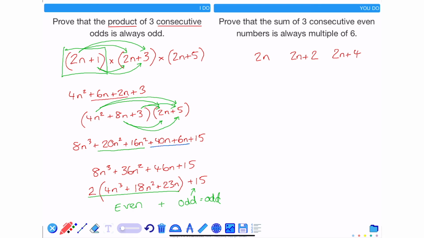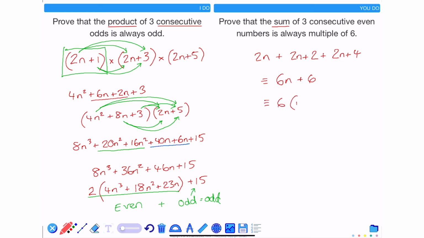The key word here was that I needed to find the sum of the three consecutive even numbers. Sum is add, so I'm going to add all of these terms together. This gives me 6n plus 6. You'll notice that 6n and 6 both have a common factor of 6.